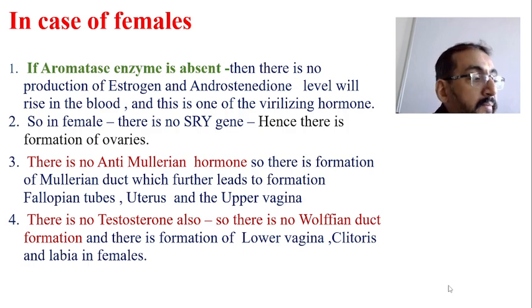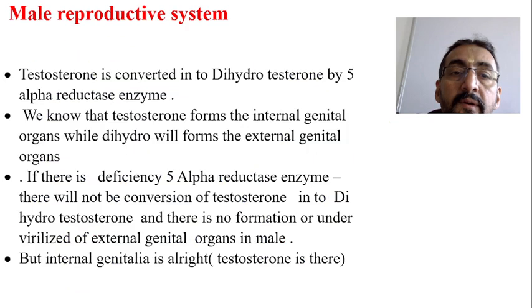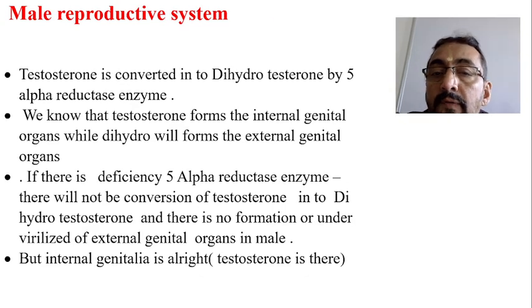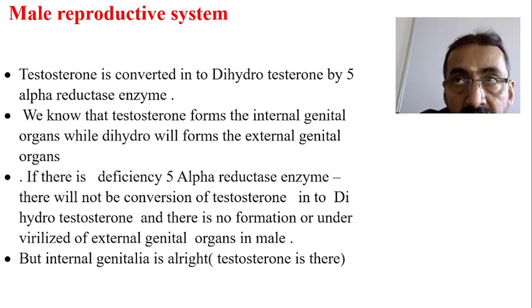Now we know that two important enzymes play a very important role here: in the case of female it is the aromatase enzyme, and in the case of male it is the 5-alpha reductase enzyme.